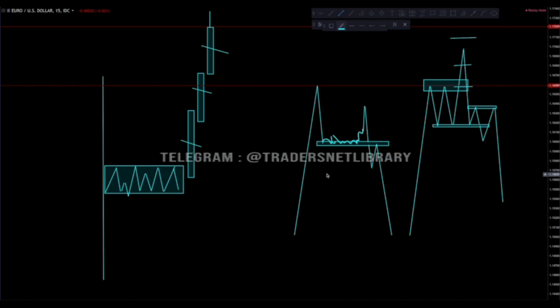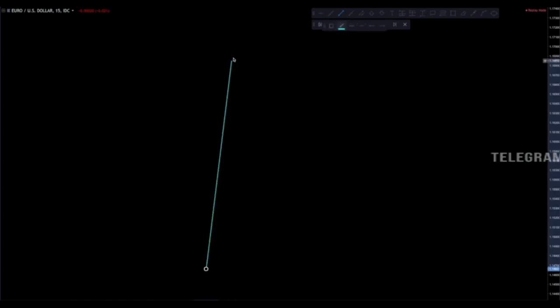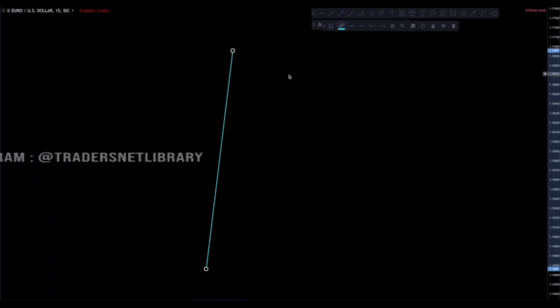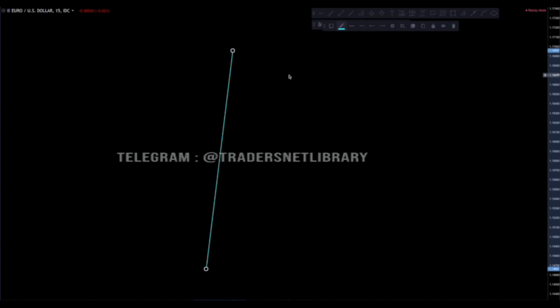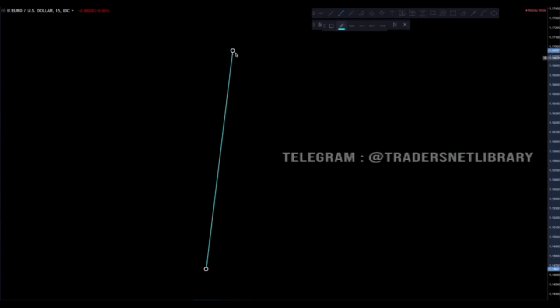Sometimes in manipulation times, if we delete all of this, you can get a Batman pattern, a bat pattern. I like it very much because when you trade news, and you shouldn't, but if you know how to, you can use this technique. I called gold with this many times. Not even gold, just so many pairs.